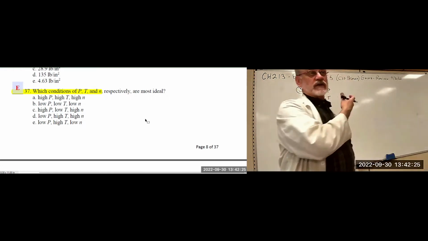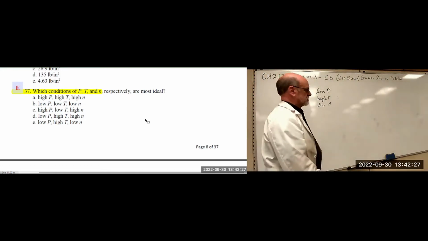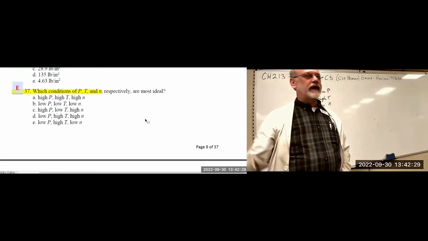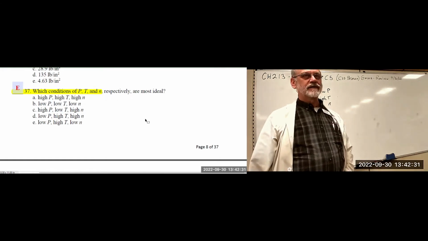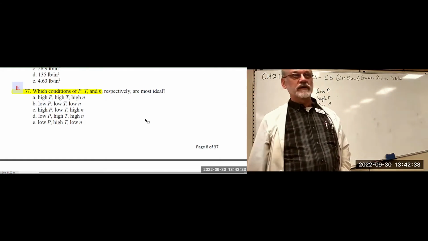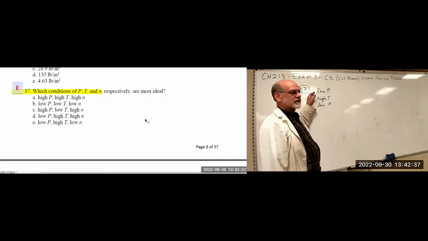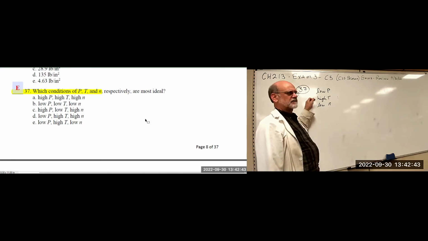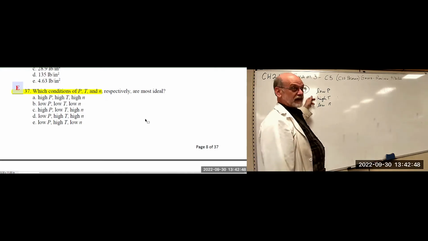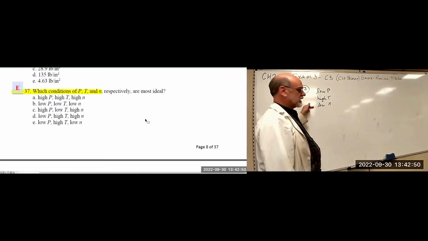And when do you get those conditions? Well, like right now, breathing air in and out. The air in the room meets those conditions. Low pressure, 1 atmosphere is low pressure. I don't know what the temperature is in here, 293, 295, something like that. K is high temperature, and low moles.